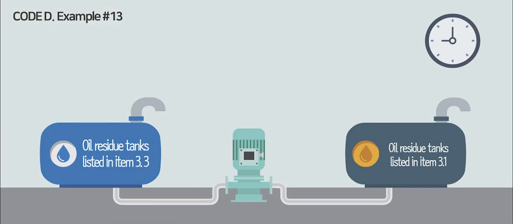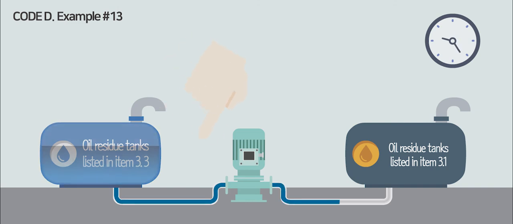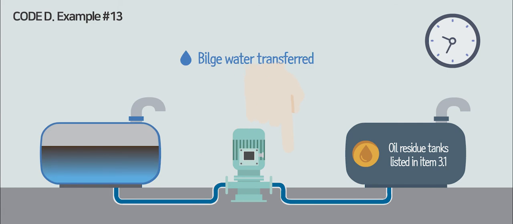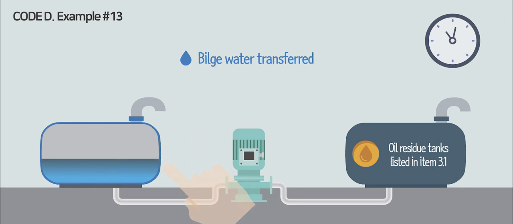Example 13. In case of disposal of bilge water from tank listed in Item 3.3 in the supplement to the IOPPC to oil residue tank listed in Item 3.1 in the supplement to the IOPPC. Item 13. Quantity of bilge water transferred and retained. Item 14.